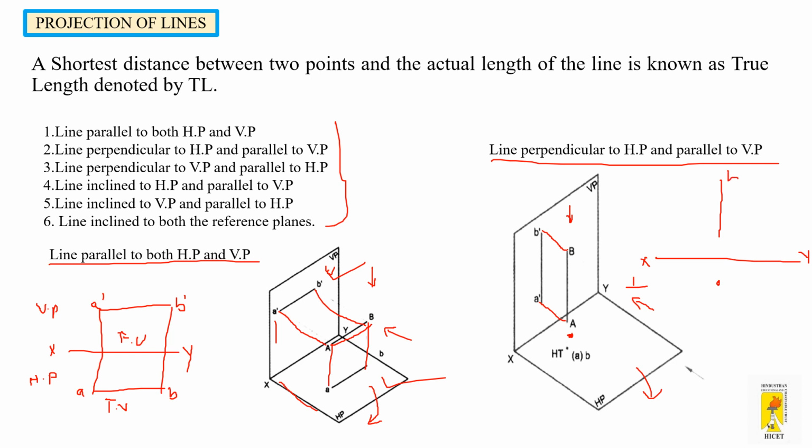This can be marked as B dash and this can be marked as A dash. From the top you can see only B and A will be hidden, so you can mark it as A inside the bracket.